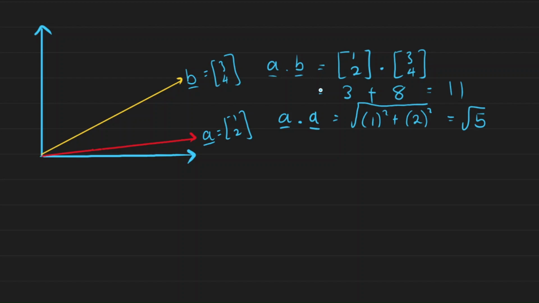One other thing to mention here is the fact that we speak about projections. The whole purpose of thinking about the dot product is to talk about projections. A projection is essentially asking the question, how much of a certain vector, for example B, is in another direction.